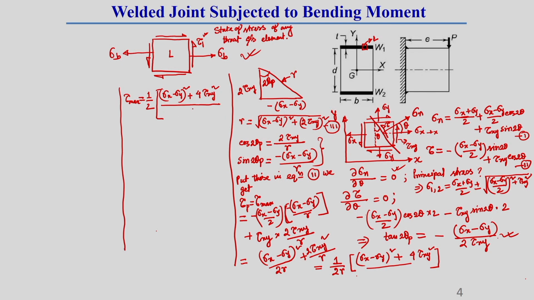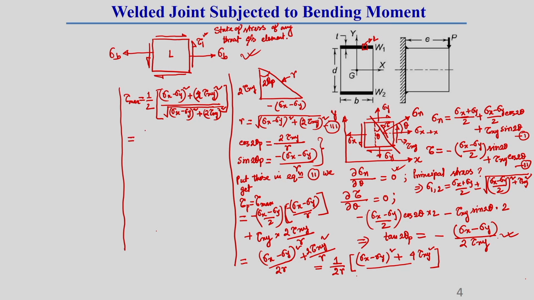Otherwise you can write 2 tau x y whole square, this way also. So, r is given as the square root of (sigma x minus sigma y) square plus (2 tau x y) square.